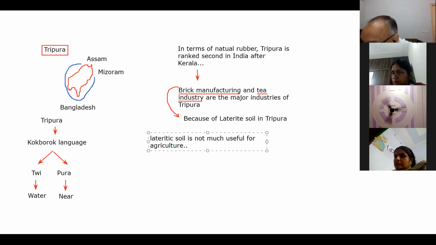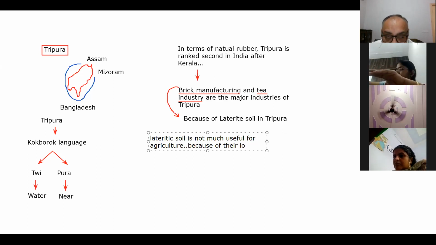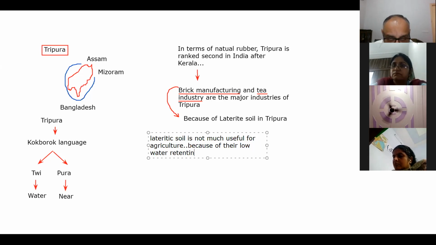For agriculture, because of their low water retention capacity. उनकी water retention capacity low होती है.